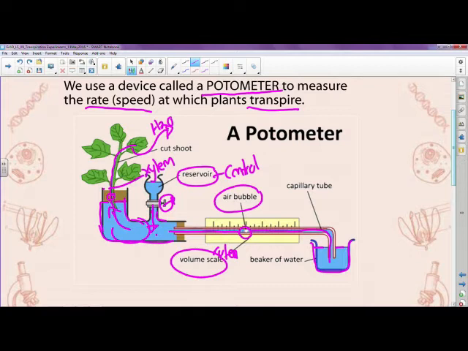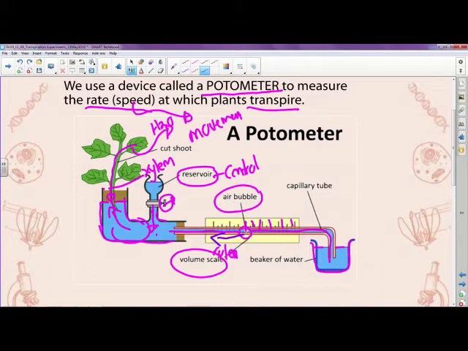Now, if you have a look at the back here, do you notice it's a ruler? What we want this air bubble to do, speed implies movement, right? Speed implies movement. So we want this air bubble to move.